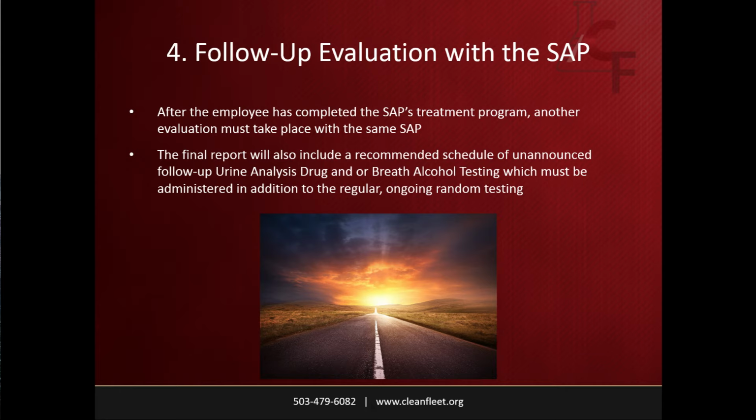After this final eval, the second and final report that we mentioned earlier, this last report, also includes a recommended schedule of unannounced follow-up urine analysis, drug tests, or breath alcohol tests that must be administered in addition to the regular ongoing random testing.